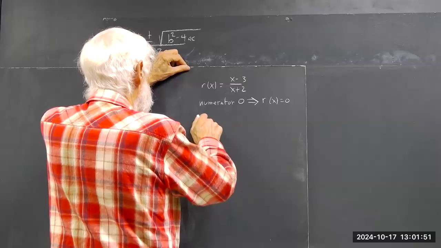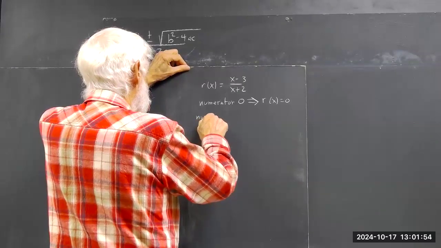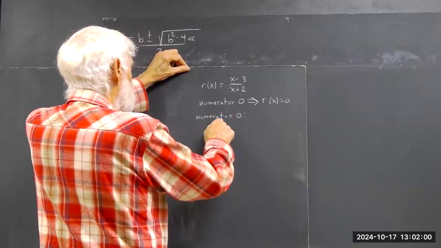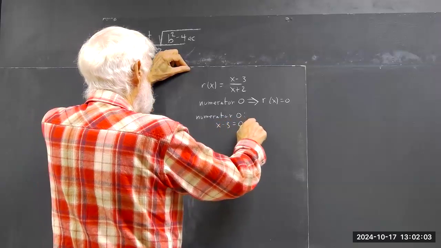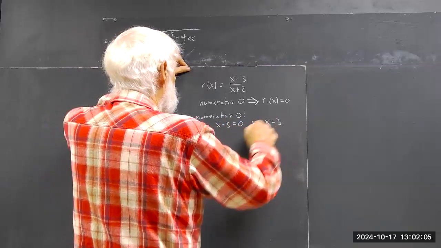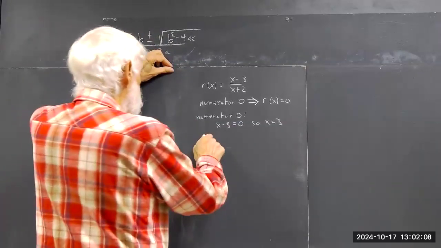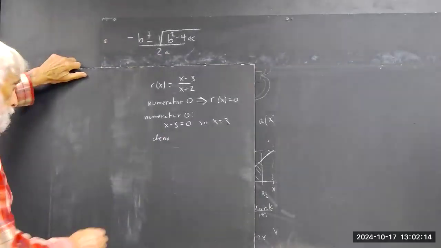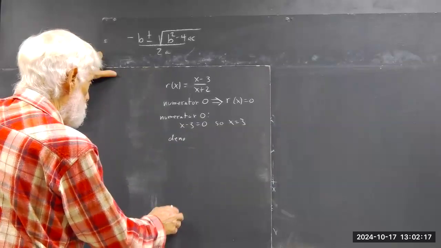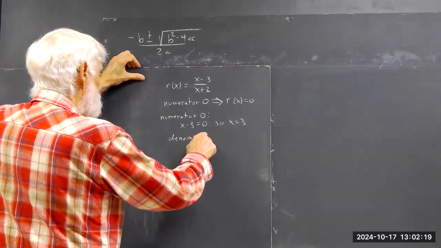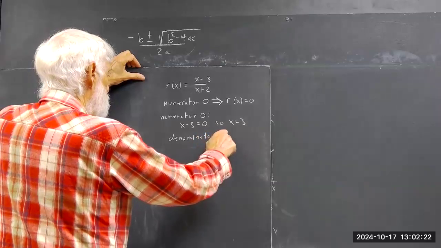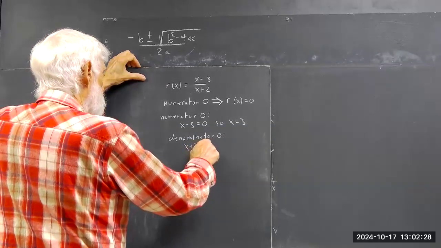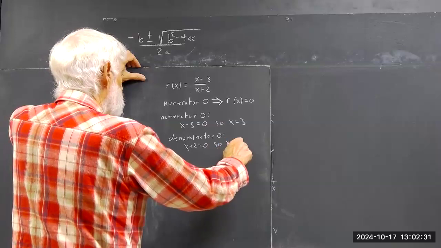So if the numerator is zero, that means x minus 3 equals 0, so x equals 3. Not much. Okay. If the denominator is 0, well, that means x plus 2 equals 0, so x equals -2.